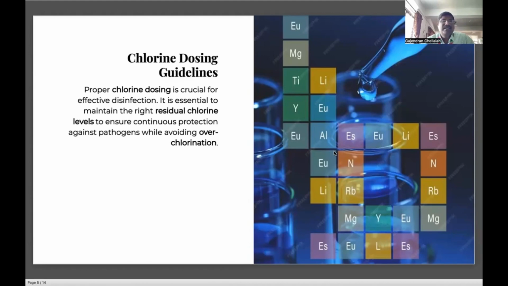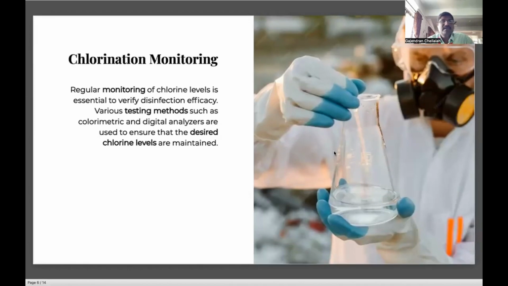So we have to maintain a certain amount of residual chlorine in the water, which will ensure the safety of the people consuming the water. Chlorination monitoring: regular monitoring of chlorine level is essential to verify disinfection efficiency. Various testing methods such as colorimetric and digital analysis are used to ensure that the desired chlorine levels are maintained in the system.